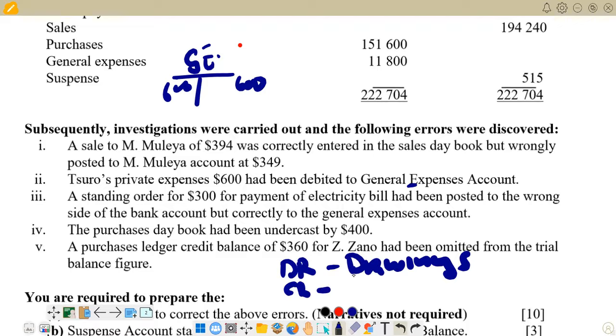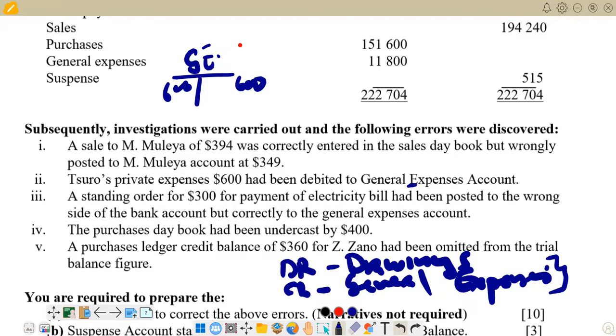We remove it from the general expenses account. So that's what we have. Because remember, it's on the debit side of the general expense. So we credit general expense, then we debit drawings. And we are saying this is not going to affect the balance of the trial balance. So we are not correcting this error using Suspense.